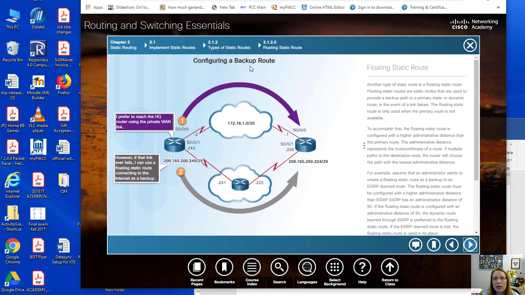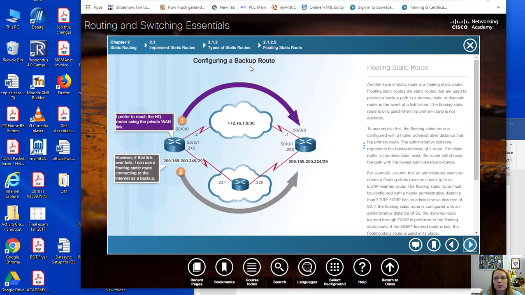So for example, if you're using RIP and its administrative distance is by default 120, you would configure the static route to have an administrative distance of 121, which would be one number higher than the administrative distance of the routing protocol. And that would allow the router to go ahead and use its protocol. If that one fails, then it can use the backup route that's been statically configured by the network administrator.